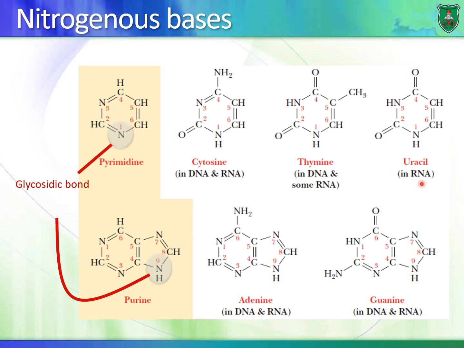So it's not normal to have uracil in DNA. The difference between these different pyrimidines is that cytosine has an amino group right here versus thymine, which has a ketone and a methyl group. Uracil is very similar to thymine, but it does not have this methyl group right there. So this is a large difference between the two.